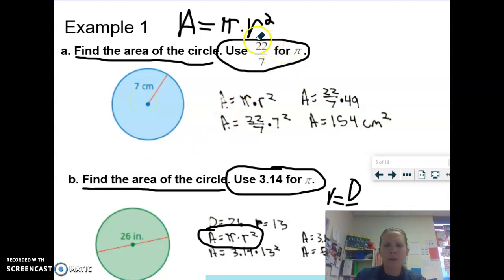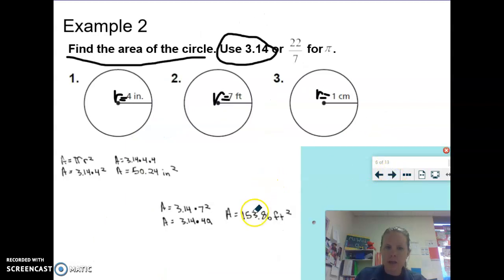But realize for this one, we did 22 over 7 for pi, and you get an answer of 154 centimeters. In this case, I only used 3.14, and I got something that's slightly smaller because now it's 153.86 feet squared. So again, what you use for pi will determine what kind of answer you have.